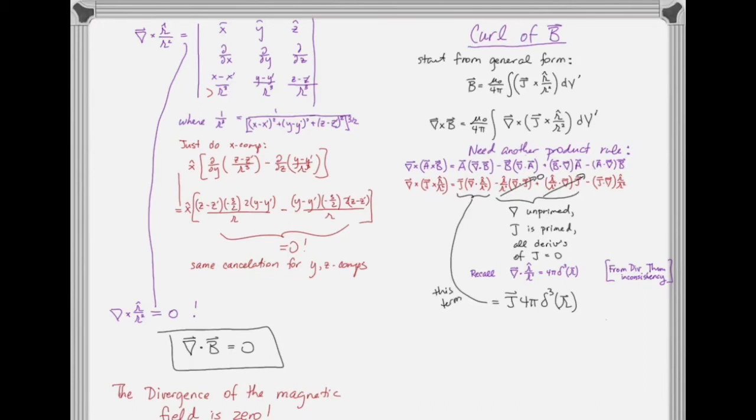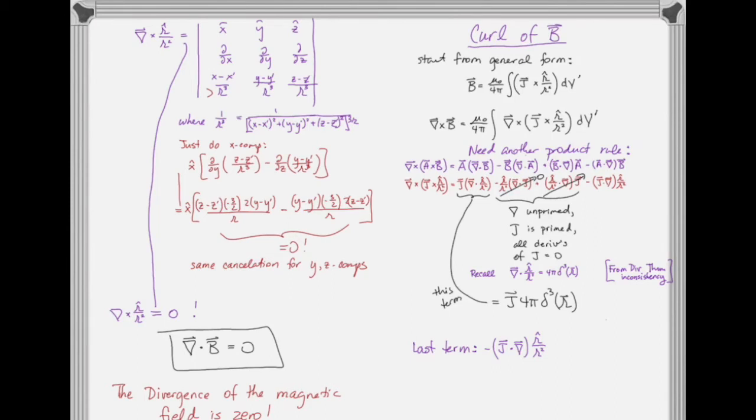Okay, we have one last term there on the end. I haven't dealt with the minus J vector dot del times the script r hat over script r squared. That's going to take just a little bit of math to work out. So the first thing I want to do is rewrite it.